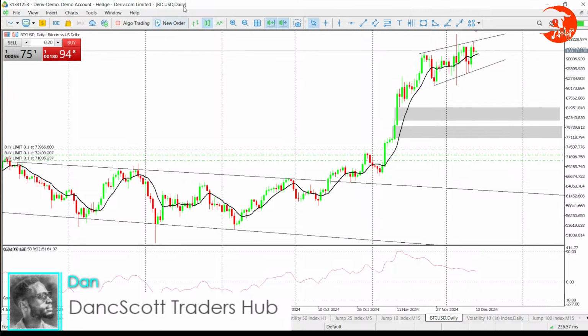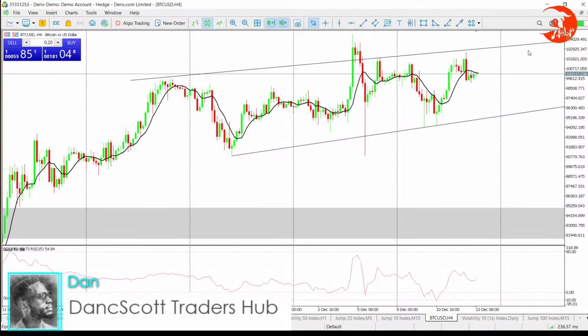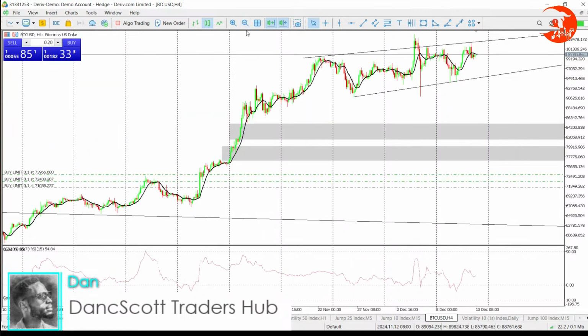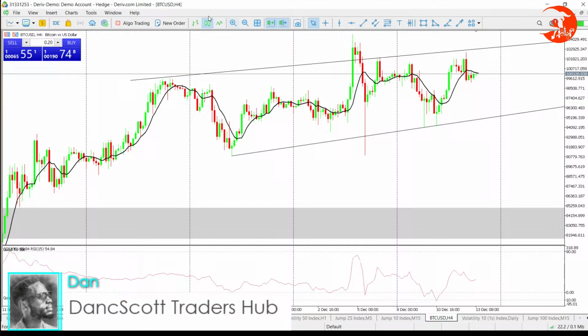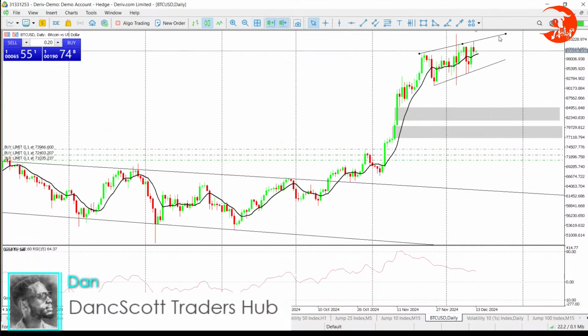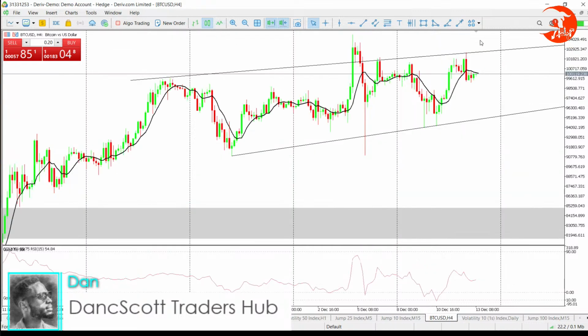So that's where we are currently, and now heading over to H4. We clearly see that we had a double bottom, a double top right up there, and after that we saw a change of character right here.